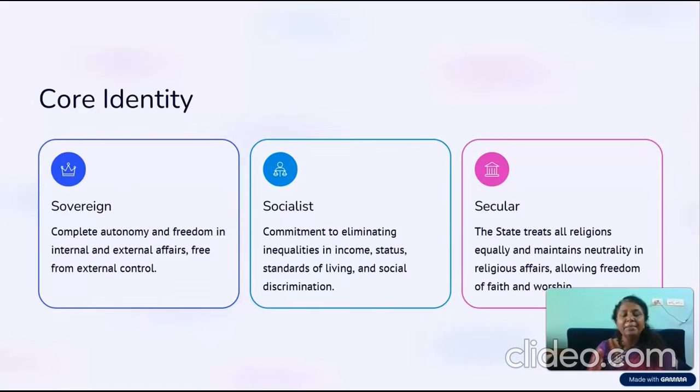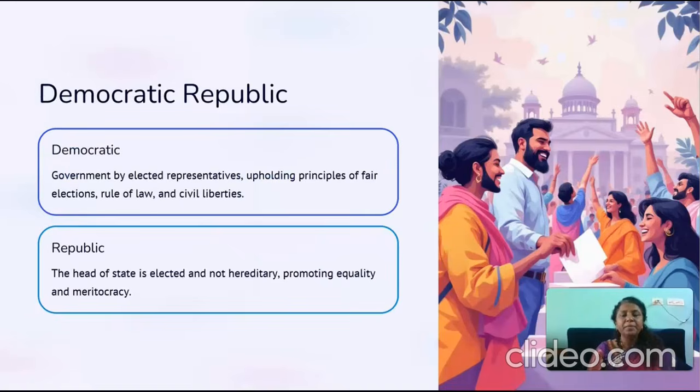Socialist means eliminating inequalities in all aspects of life, like income, status, standard of living, social discrimination, etc. Then it is secular. Secular means the country treats all religions equally, and it maintains neutrality in religious affairs. Not only that, it allows freedom of faith and worship. That is what secular means.